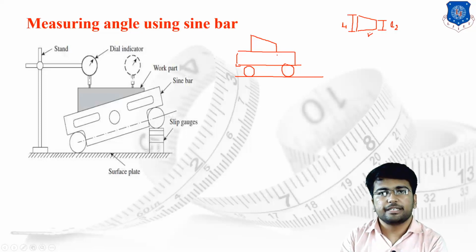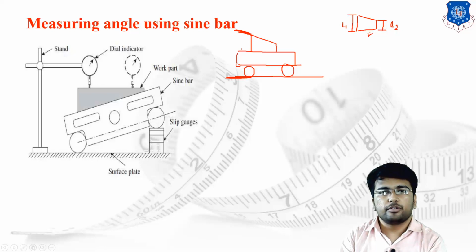Now what is my basic requirement? Our basic requirement is to make the basic datum surface parallel with the top surface of the workpiece. You have to perform such practical experiments to make sure that your datum surface is parallel with the top surface of the workpiece.